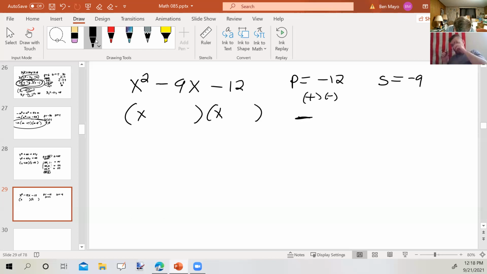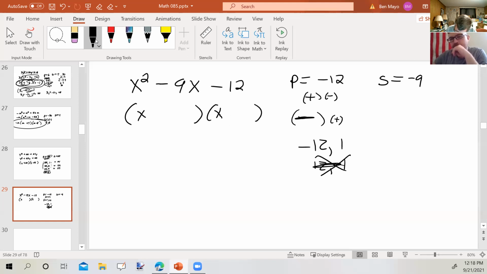So we've got a big negative and a little positive. So that means my two numbers, whichever one's negative, has to have the larger absolute value. So for instance, negative 12 and 1, I would consider. 12 and negative 1, I wouldn't even consider because the bigger one has to be negative. Okay. Bigger absolute value.